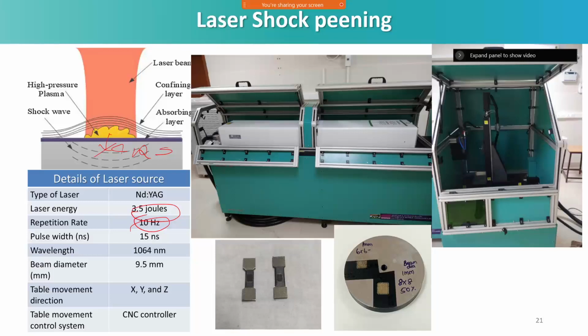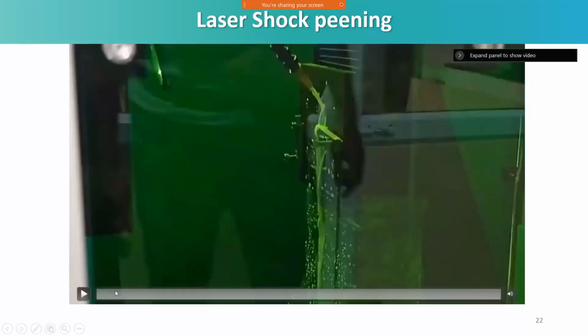And this system was very recently installed, and we started working on some fatigue related studies on different materials. And this is for one of the industries, a bearing industry in Jaipur, who started doing some kind of consultancy using this system. And this is one video of how the shock peening is happening, that you can look at.